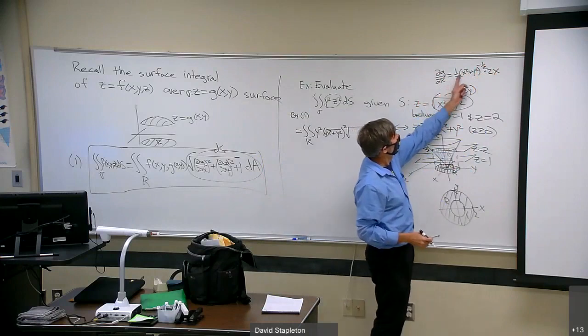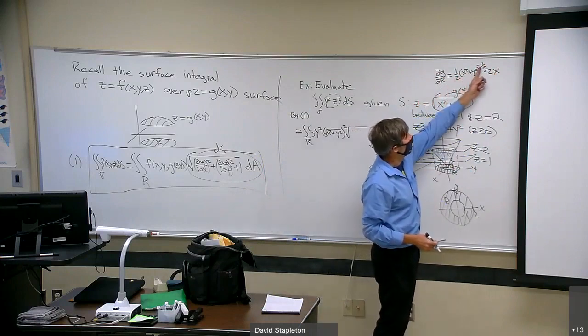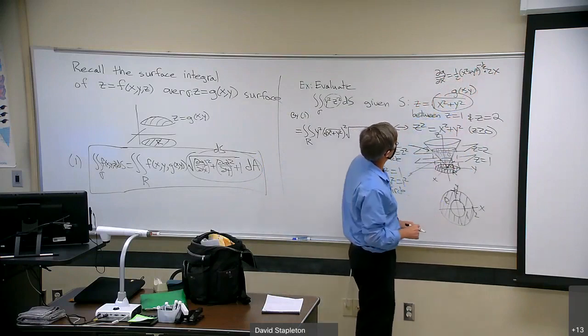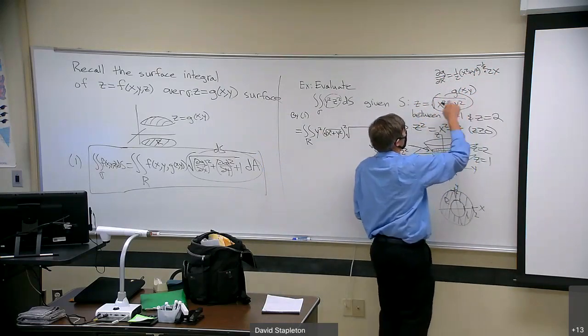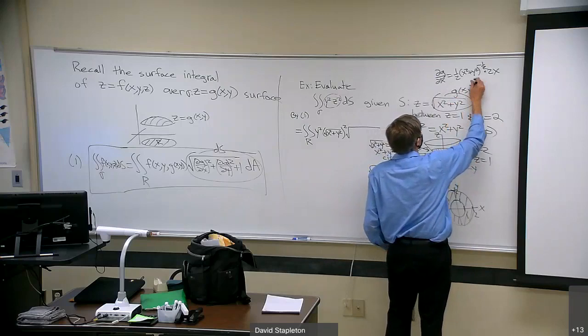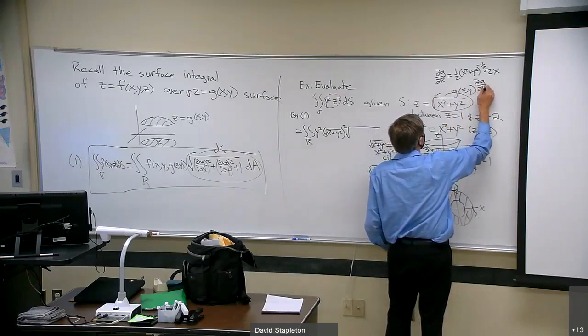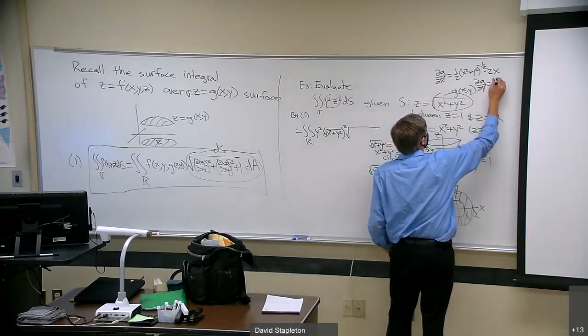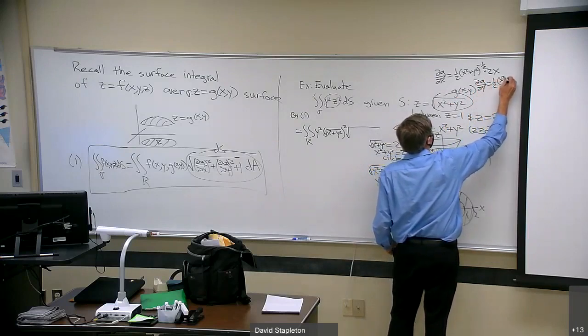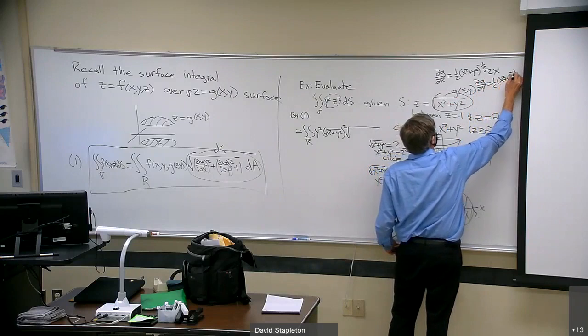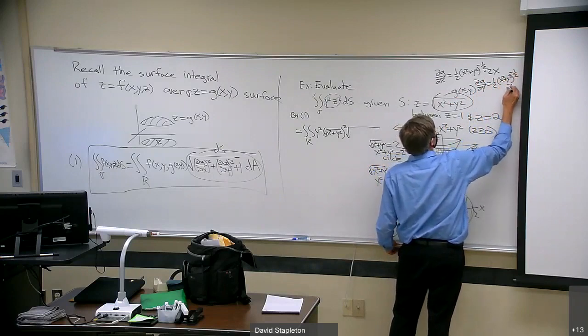Similarly, if you take the partial derivative with respect to y, dg/dy is 1/2 (x squared plus y squared) to the minus 1/2 multiplied by 2y for the chain.